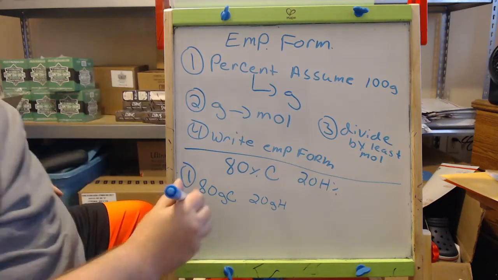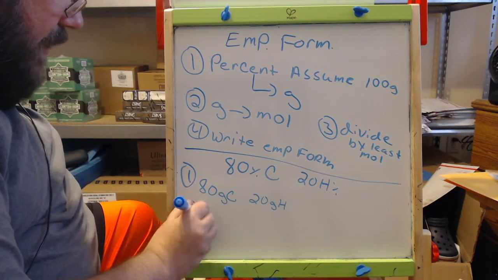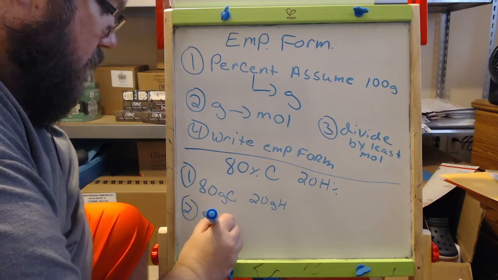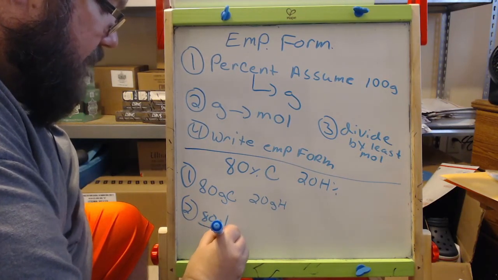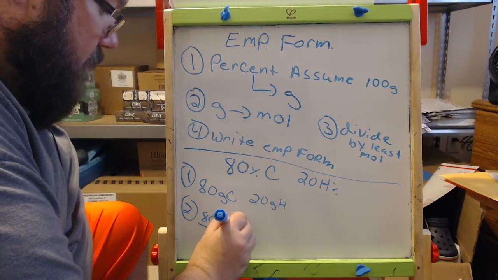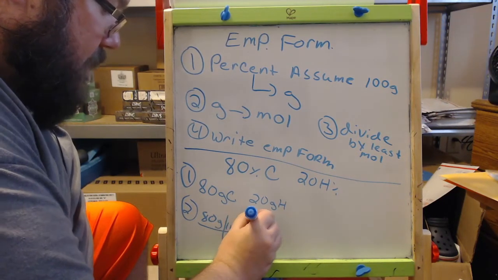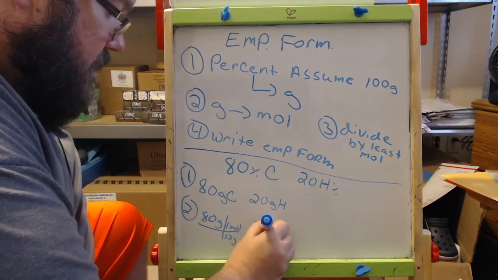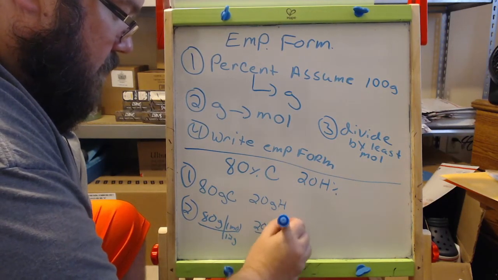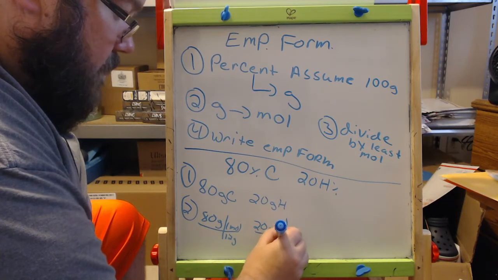Step two, convert your grams to moles. Okay, let's do that. 80 grams of carbon. Carbon has a mass of 12. 12 grams is 1 mole. Hydrogen is 20 grams of hydrogen, 1 gram per mole.